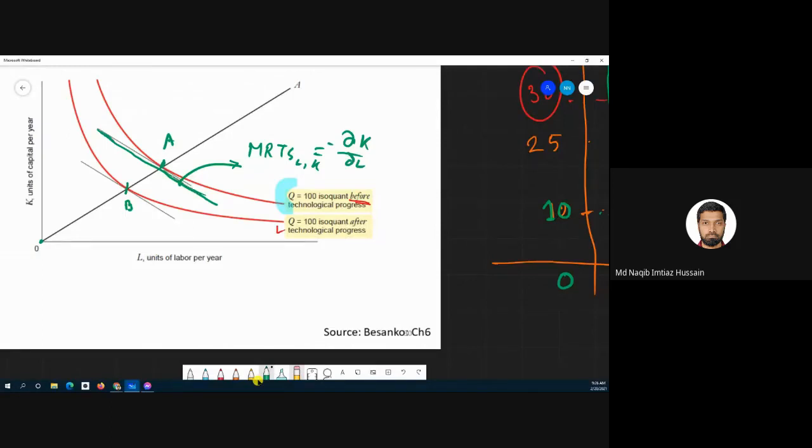Okay, এখন the tangent you see before technological change is parallel to the tangent you see after the technological change. That means কি হয়েছে? MRTS এর value change হয়নি, তাই না? So MRTS remains constant over the technological change. So if MRTS remains constant, that means the technological change is not biasing you to save labor versus capital. Can you follow?